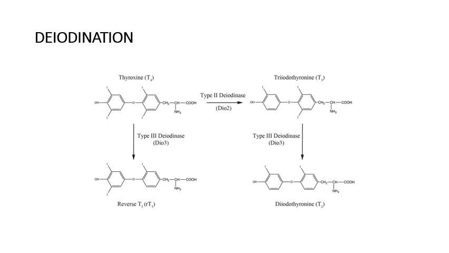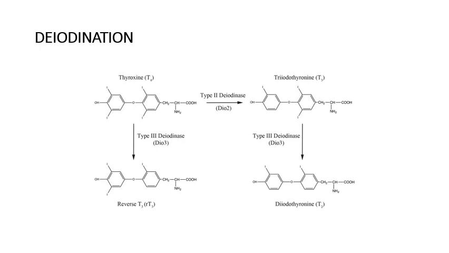Reverse T3 is formed from T4 by type 3 deiodinase, which removes the iodine from the inner ring. You can see here in the reverse T3 the iodine from the inner ring is gone. When the iodine from the inner ring is taken away by type 3 deiodinase, we get a product called reverse T3, which is an inactive component.